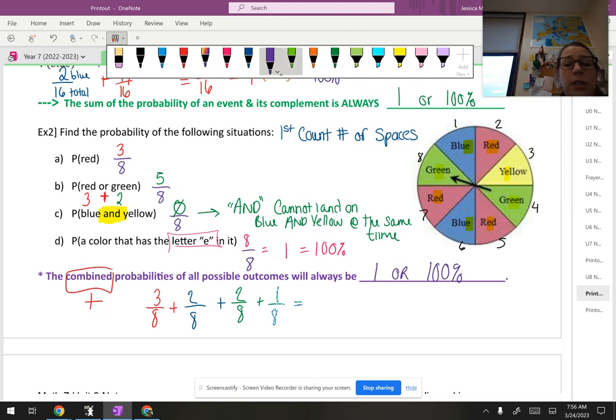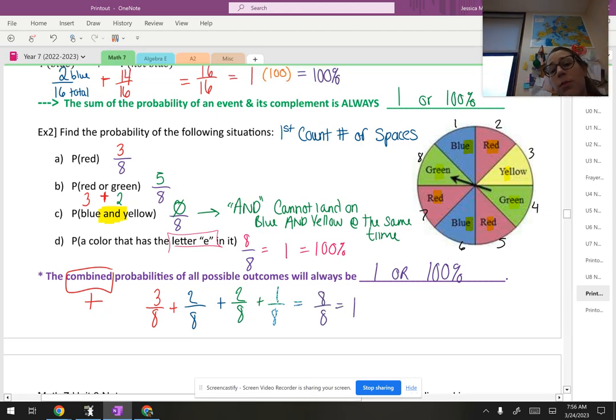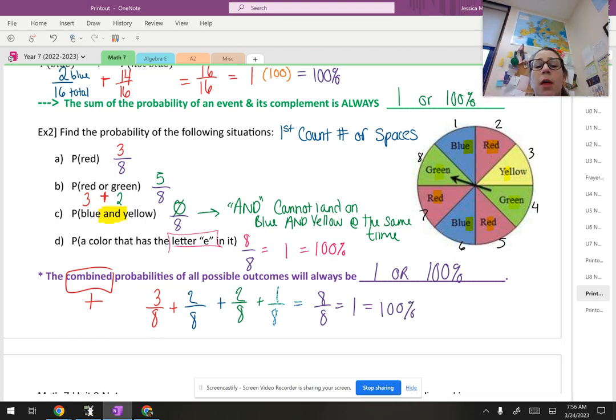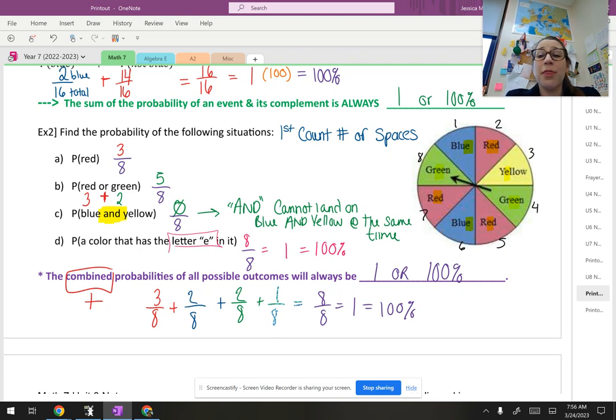Notice adding those all together, 3, 4, 5, 6, 7, 8 gives me that 8/8, or the 1 or the 100%. Just further reiterating that the combined probabilities of all possible outcomes will always be 100% because one of those things is going to happen.